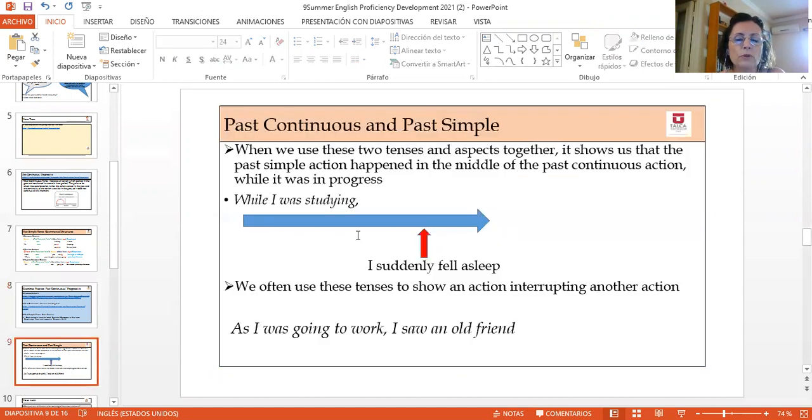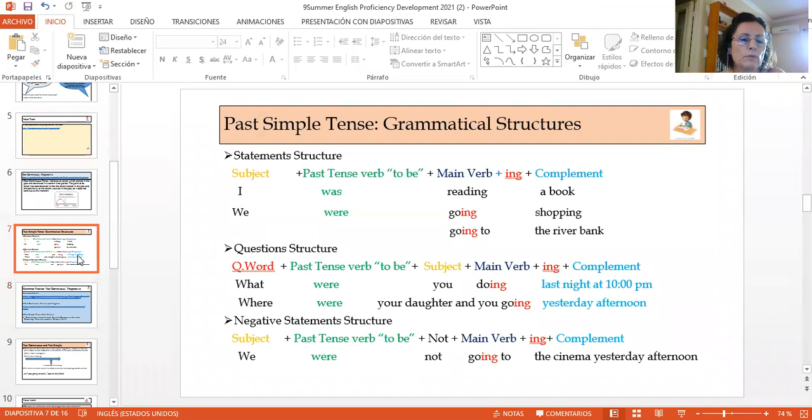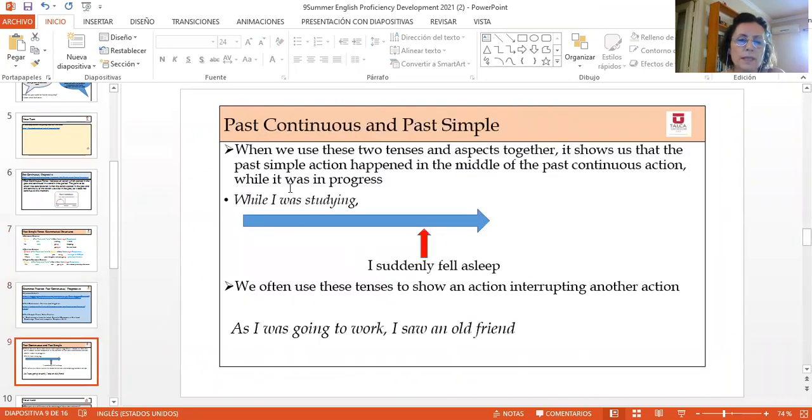And when we have both together, that means that there is an action happening in the past when suddenly something happens that is one event that I can see only as one event. So I was going to work implies an action in progress. And I saw an old friend is one moment along this long activity.